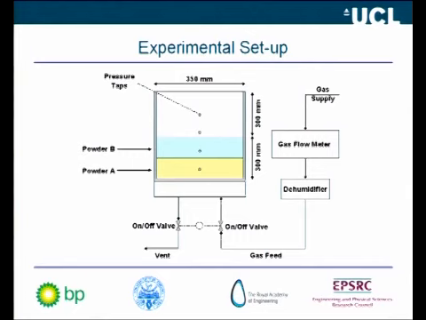To study mixing, we supplied gas, air, in order to mix the powders well. After some time, we cut off the air, and we allowed the bed to settle down, and we checked if the bed was perfectly mixed or vigorously mixed. The way we did this is we divided the bed into many layers.